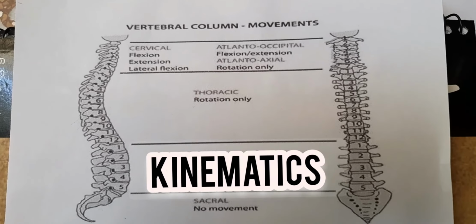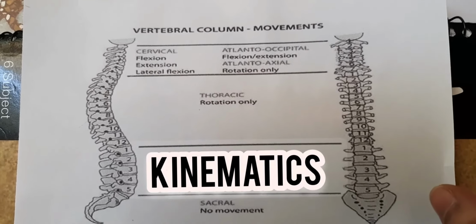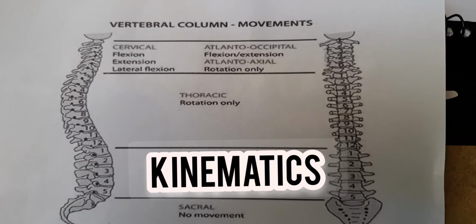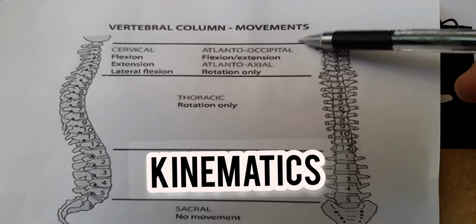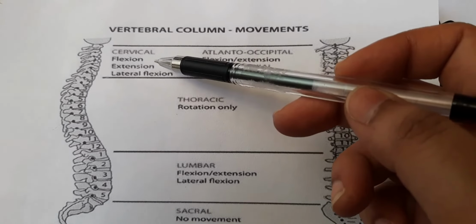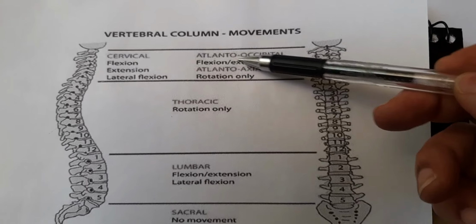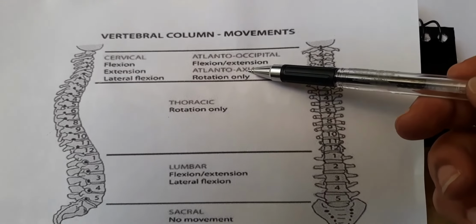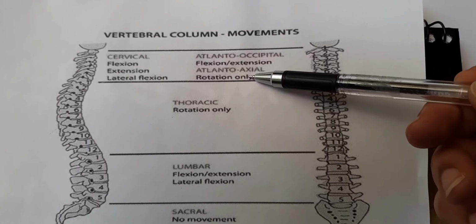The motions available to the column as a whole are flexion, extension, lateral flexion and rotation. This diagram basically tells you the movements available in each region of the vertebral column. In the cervical region you will see flexion, extension, and lateral rotation; at the atlanto-occipital joint you will see only flexion and extension happening, and at the atlanto-axial joint you will see rotation.